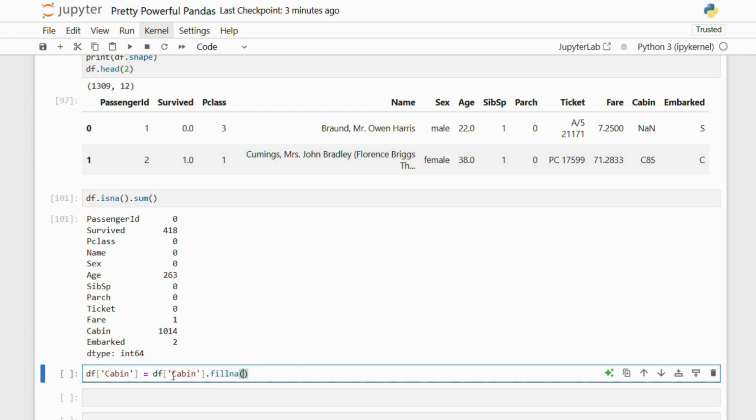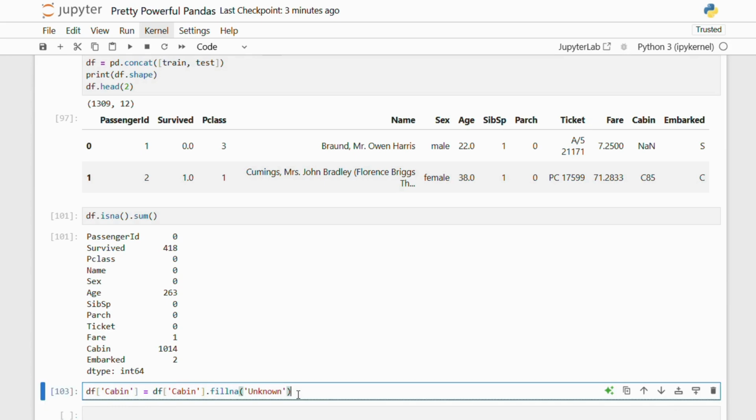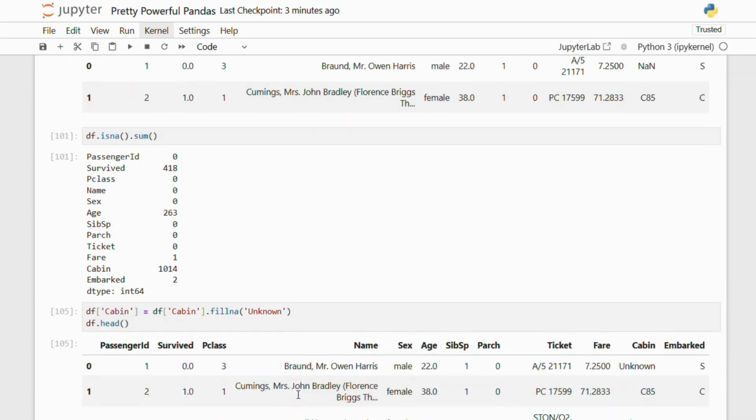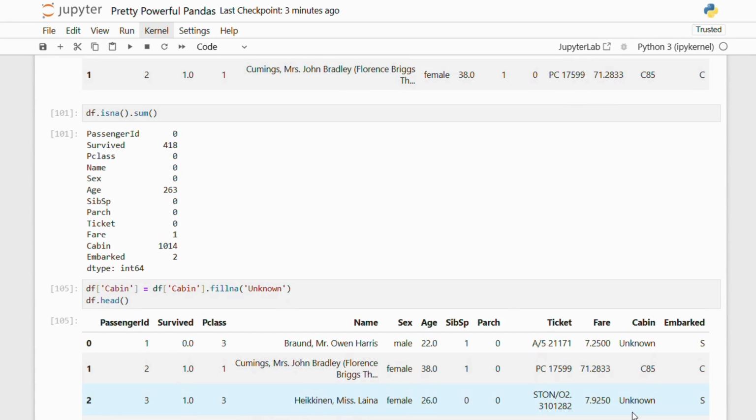It takes this slice of the data frame, the column cabin, takes all the NAs and fills them, in this case with the value of unknown, just a constant, a placeholder for us, and then I reassign it to the data frame. Now if I look at my data frame, I've got unknown in these places. We still don't have the information, but at least then it's usable in any of our calculations.